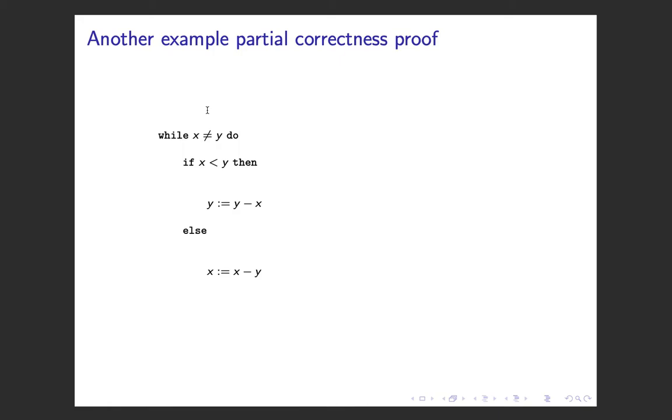And our postcondition is going to be that at the end, the value of x, that's our output variable, which will be the same as the value of y, is the greatest common divisor of the original x and y.